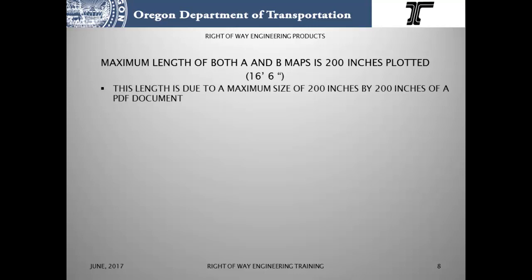The maximum length of both A and B maps is 200 inches as plotted. That would be 16 feet 6 inches. This length restriction is due to a maximum size of 200 inches by 200 inches of a PDF document, because when we plot our maps today, we're plotting them to PDF.